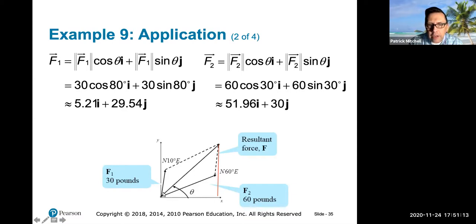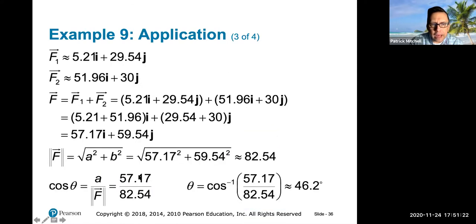And then the hypotenuse would be the magnitude of the vector. Just to explain how they got this, the cosine of theta is equal to this ratio.